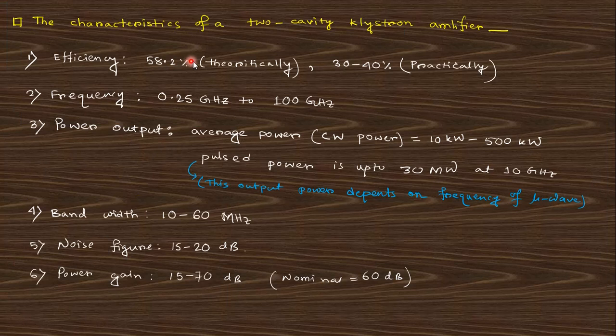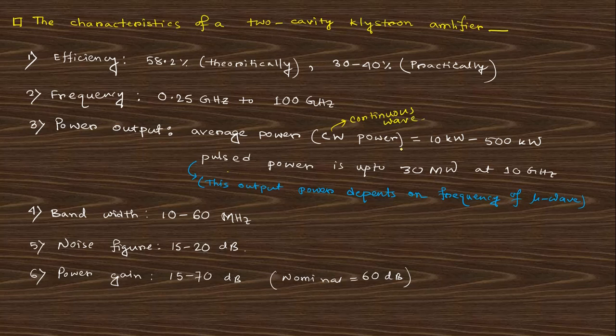Clear? So if you want to note down the characteristics of a two cavity klystron amplifier, the efficiency is like that theoretically and practically. Frequency range is like that. Power output will be CW, meaning continuous wave.